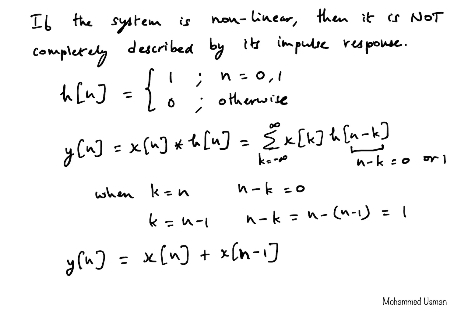Now, if the system is nonlinear, then we will see that there can be multiple systems which have the same impulse response. Suppose we have an input-output relationship where the output y of n of a system is x of n plus x of n minus 1, the whole square.